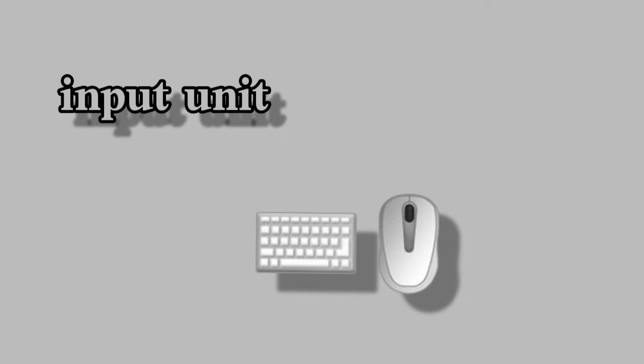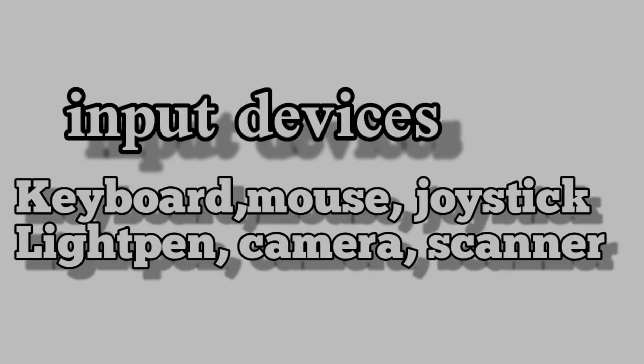Input unit is the basic component of every computer system because it is used to enter data and instructions. For this purpose, these input devices are used to enter data into computer system: keyboard, mouse, joystick, light pen, and other input devices.